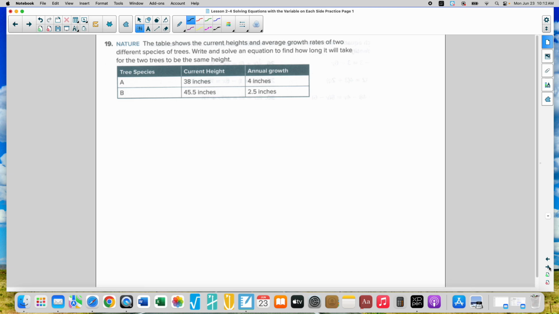So tree species A, its current height plus its annual growth. If it's annual growth, 4 times the number of years plus 38 inches would give you the height of tree A. And then tree B is going to be its current height plus its annual growth, 2.5y plus 45.5.